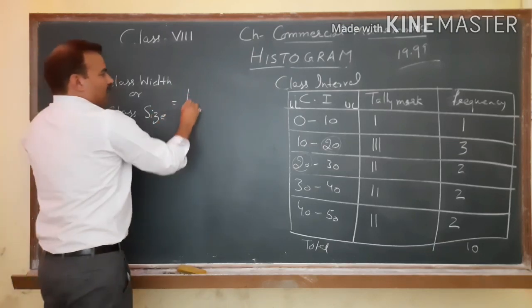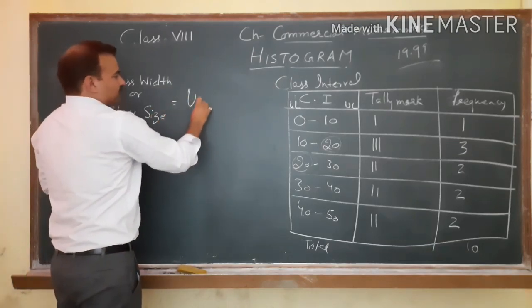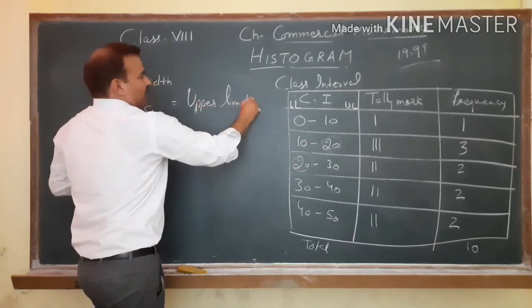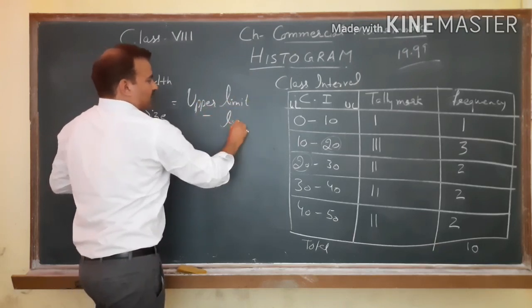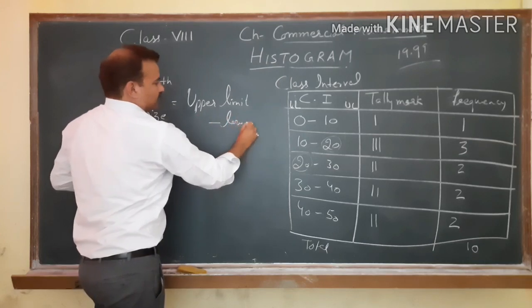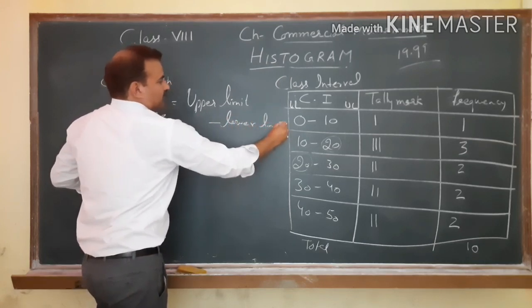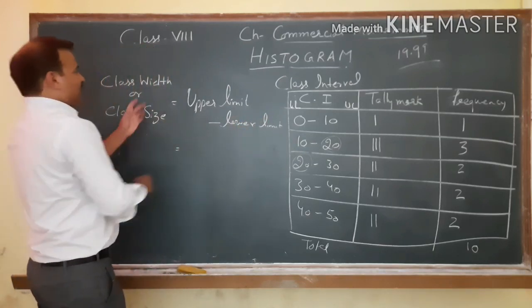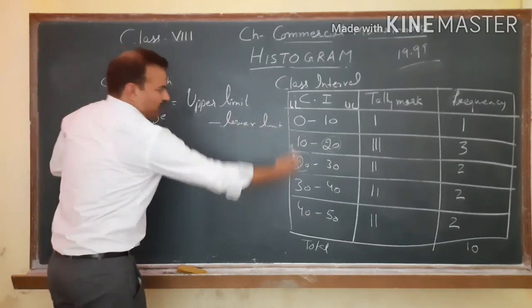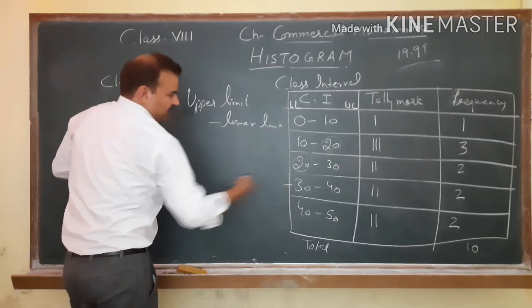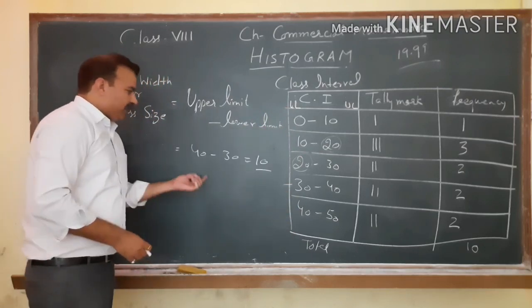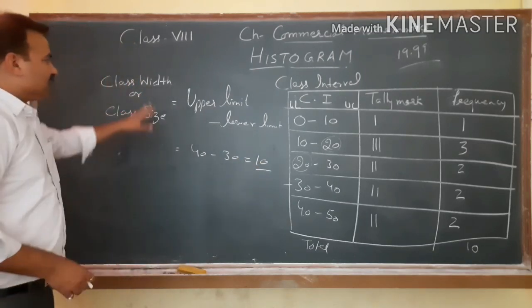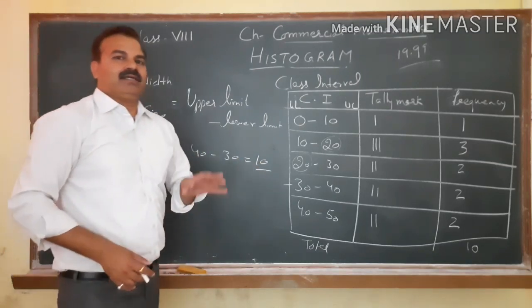That is, upper limit minus lower limit. If I find the class width from any class interval, suppose I'm taking this fourth one, it's 40 minus 30, that will be 10. So 10 is the class width or class size.